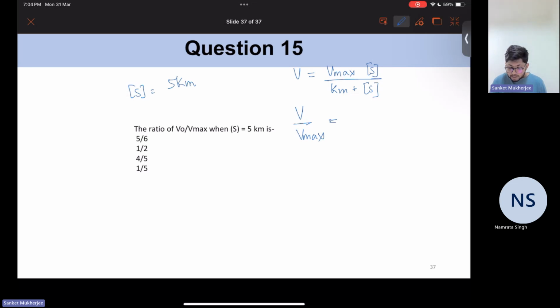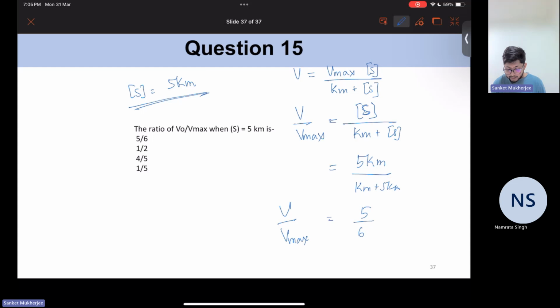So let's put the value of 5 Km. That would be 5 Km by Km plus 5 Km. So this would be 5 by 6. Km will cancel out. So 5 by 6 is the answer to this question.